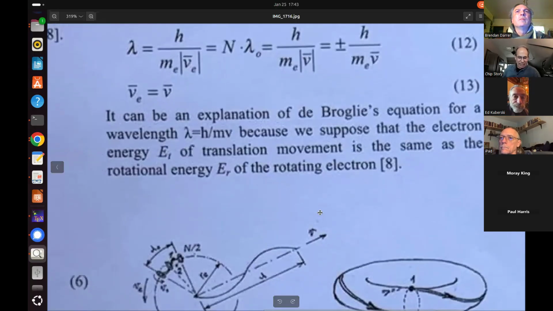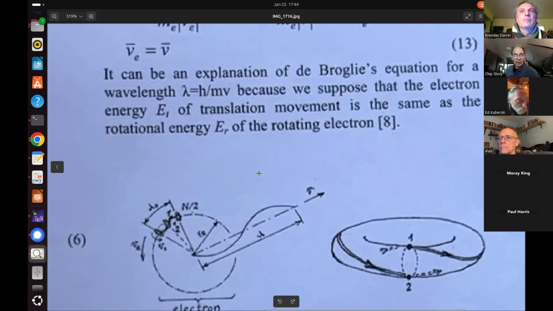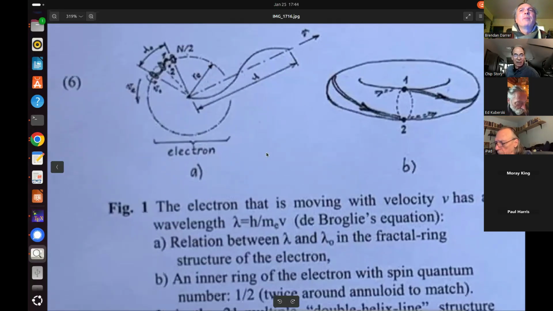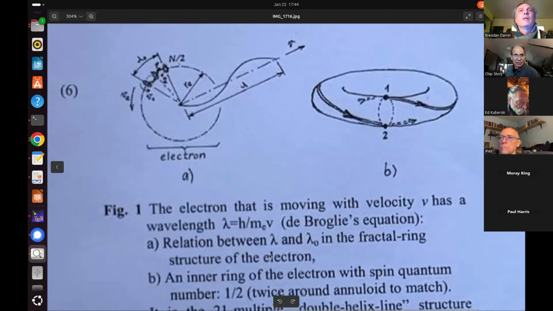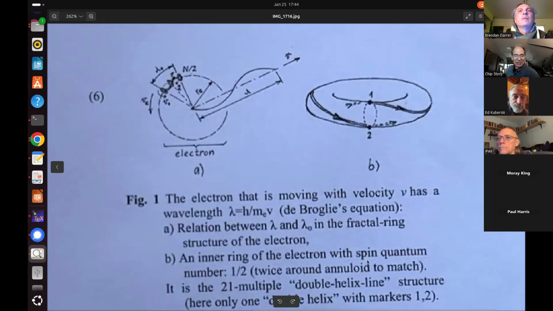It can be an explanation of de Broglie's equation for a wavelength lambda equals h over mv, because we suppose that the electron energy E sub t of translational movement is the same as the rotational energy E sub r of the rotating electron. So that's figure 1A and B. That is precisely why the atom doesn't explode and blow itself apart. It's balanced. Very, very interesting.